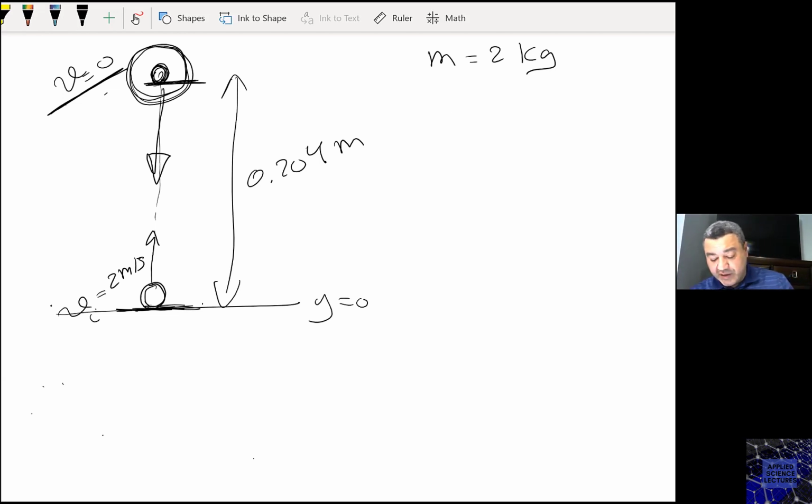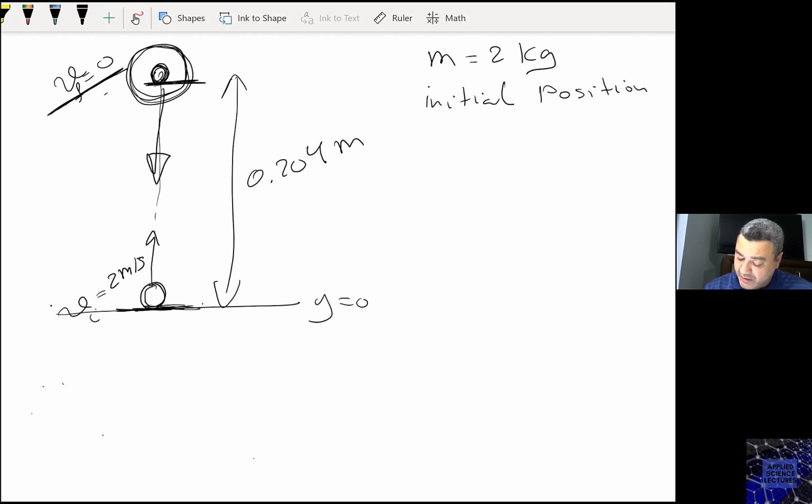Let me now look at the total energy at those two locations and compare them. So for this position here, this is initial, this is final. I have the kinetic energy, so let me call this one the initial position. I have V as 2 meters per second, right?